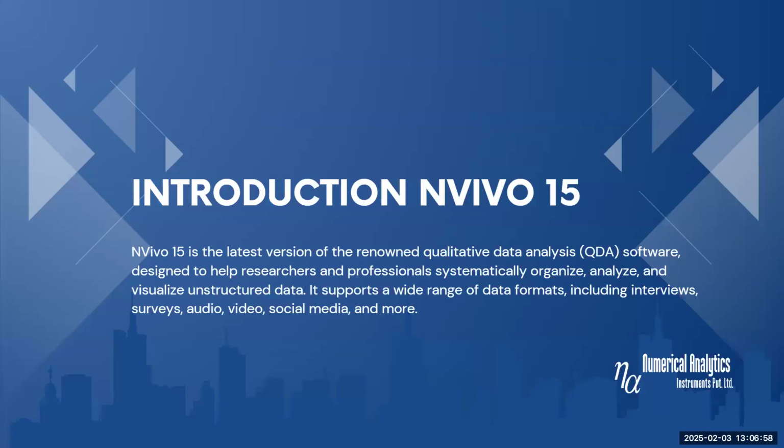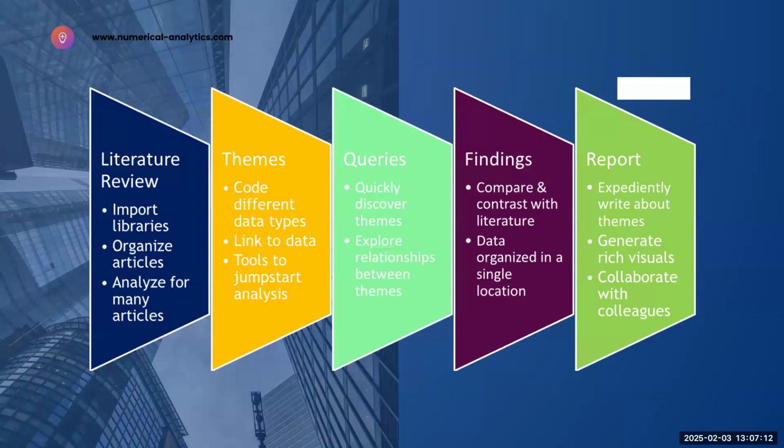The latest version of NVivo is NVivo 15, and it is widely supported software in the world for qualitative research because it supports a wide range of data formats, including interviews, surveys, audio, video, social media, and many more. With NVivo, you can import your own libraries, organize all your articles, code them with different types, link that data, and put multiple kinds of classification on your data or case scenarios.